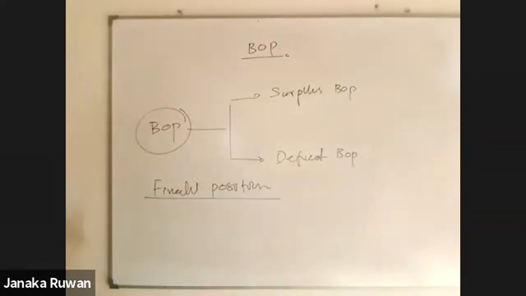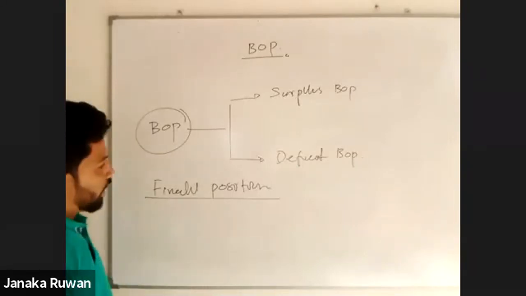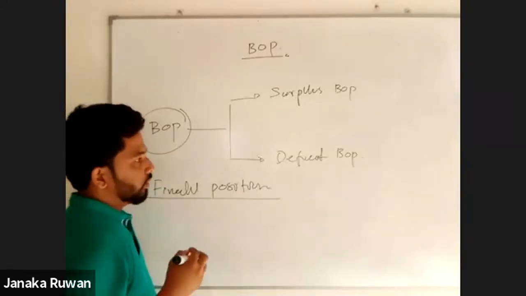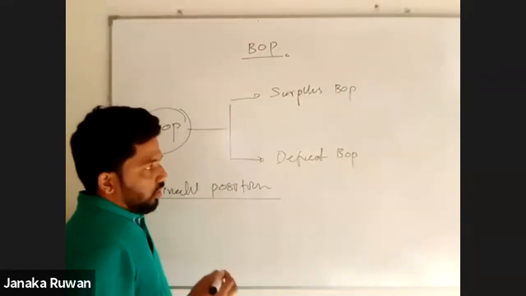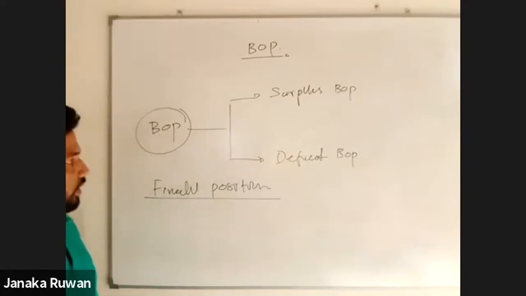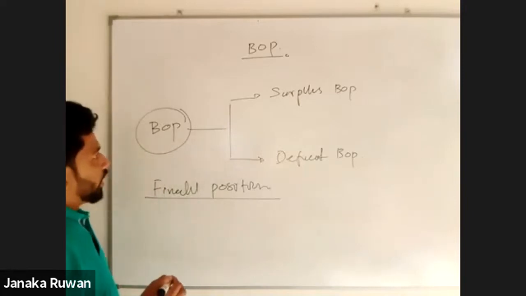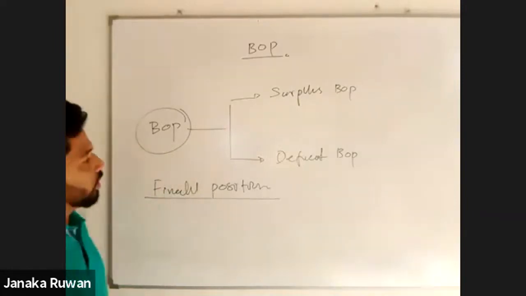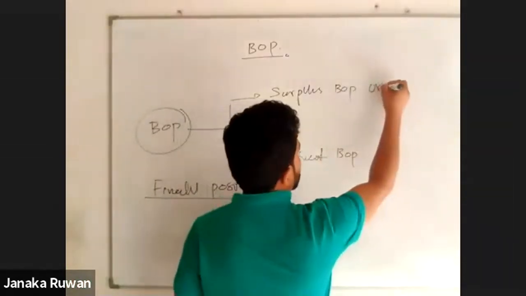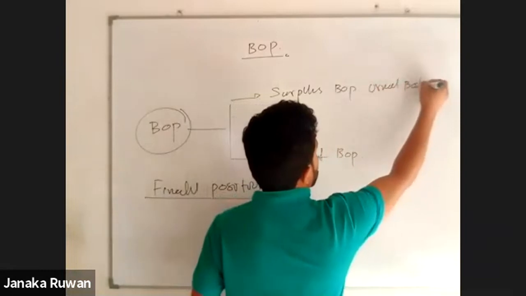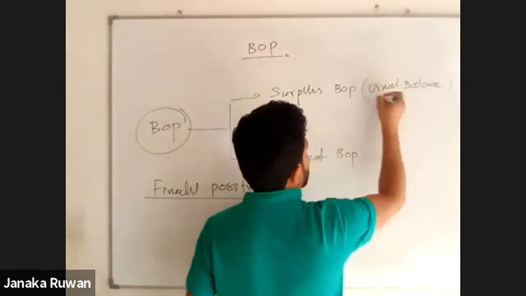We can identify this finally after calculating and recording all the transactions. That means imports, exports, the financial transactions and also the capital transactions, such as investment. So finally you get the answer for the overall balance of the balance of payment.